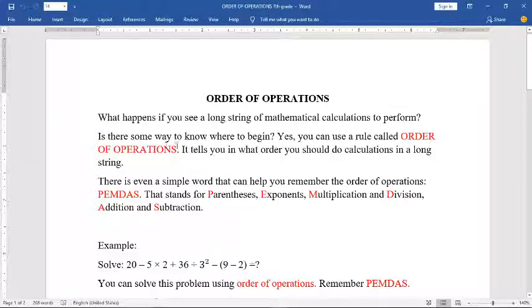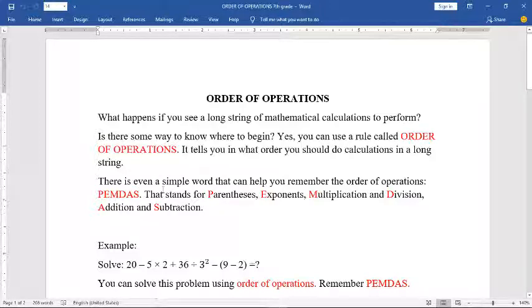Is there some way to know where to begin? Of course, yes. You can use a rule called order of operations. This rule tells you in what order you should do calculations in a long string.